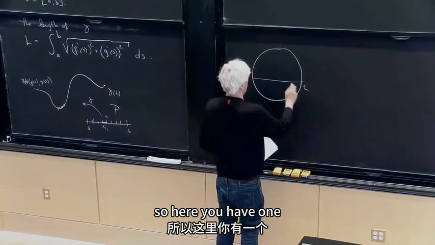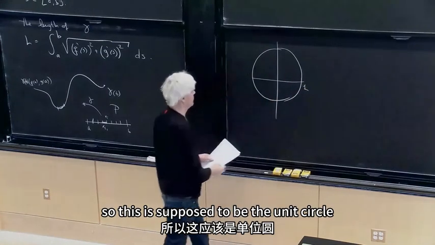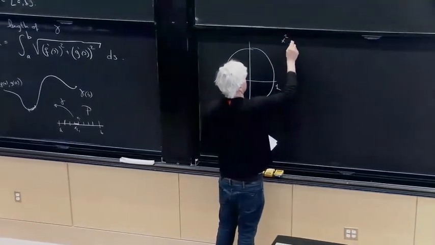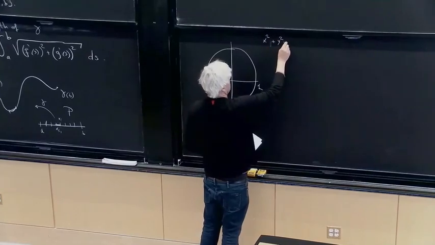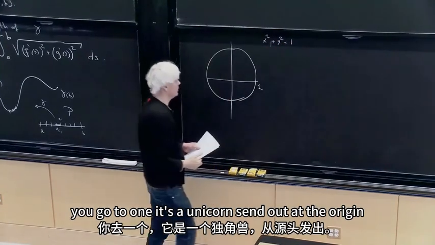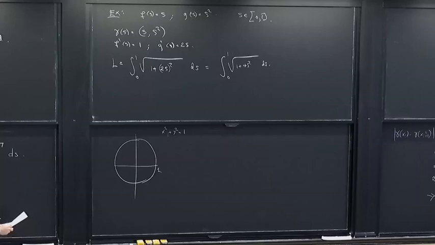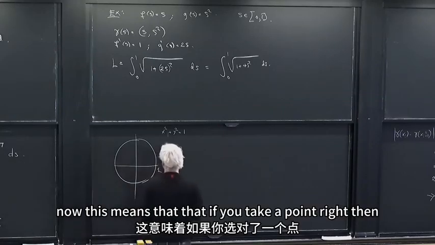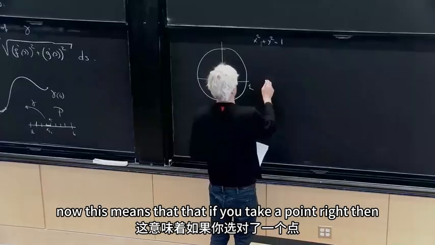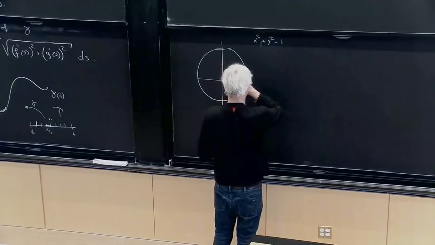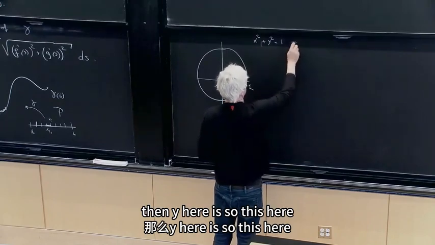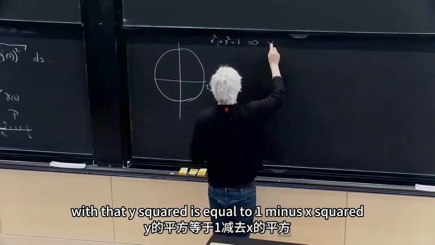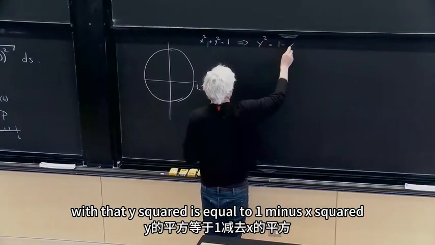So here you have 1. This is supposed to be the unit circle, so it's x squared plus y squared equal to 1, a unit circle centered at the origin. Now if you take a point, then y is given in terms of x, with y squared equal to 1 minus x squared.